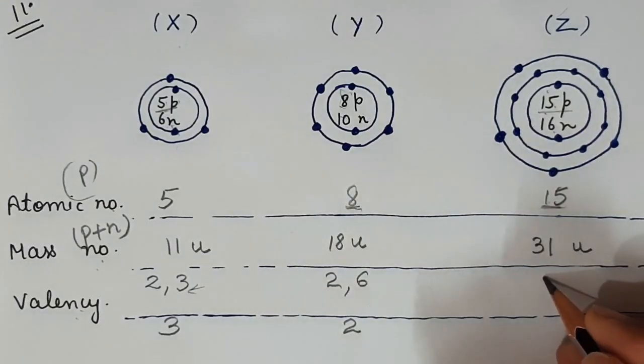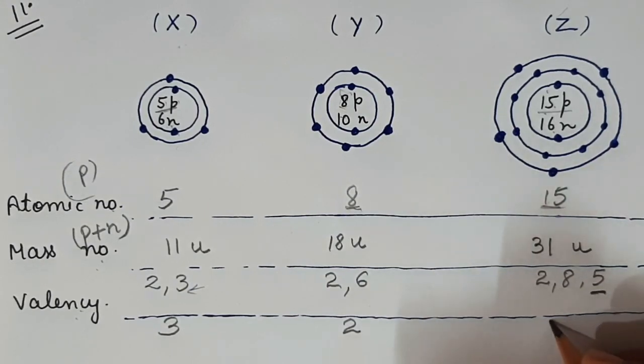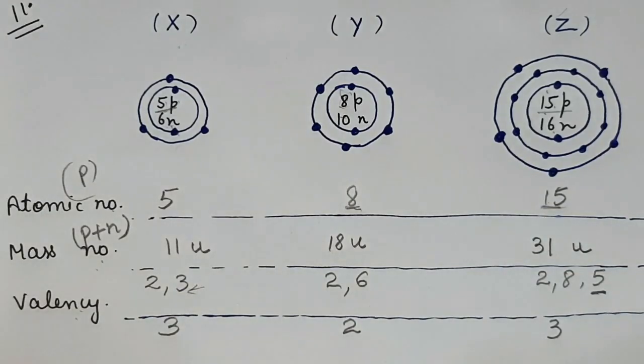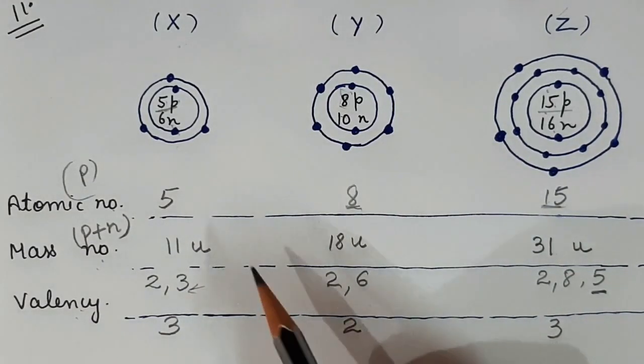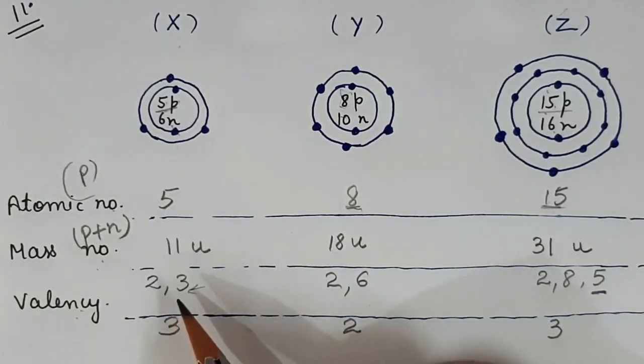So write down the electronic configuration: 2, 8 and 5. So calculate the valency now. It will complete its octet. How? It will gain 3 electrons. So valency is 3. Clear, students? Very easy. You can calculate the valency easily by just writing the electronic configuration.